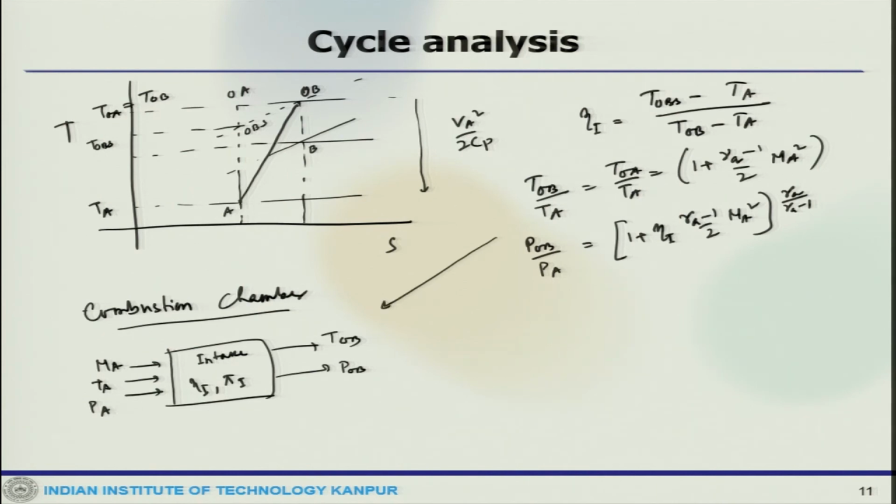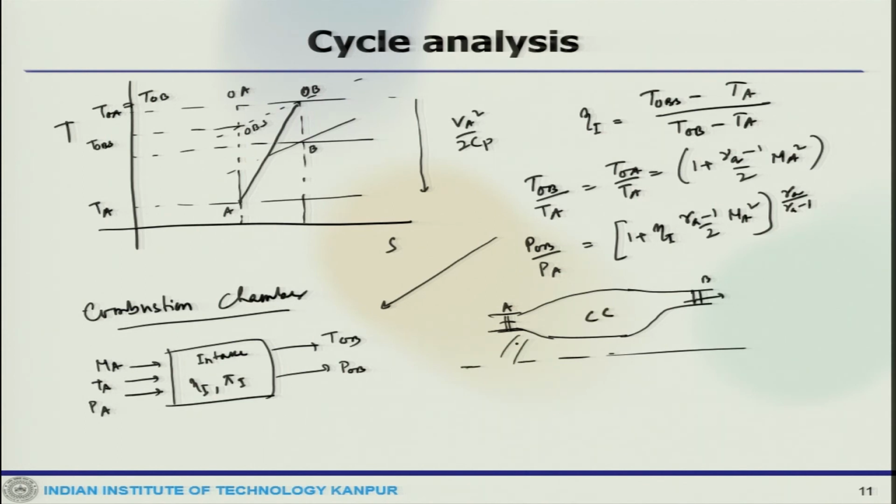Now, the combustion chamber, let us say we have a combustion chamber like this, with a geometry like that. So, let us say this is point A, this is the combustion chamber.